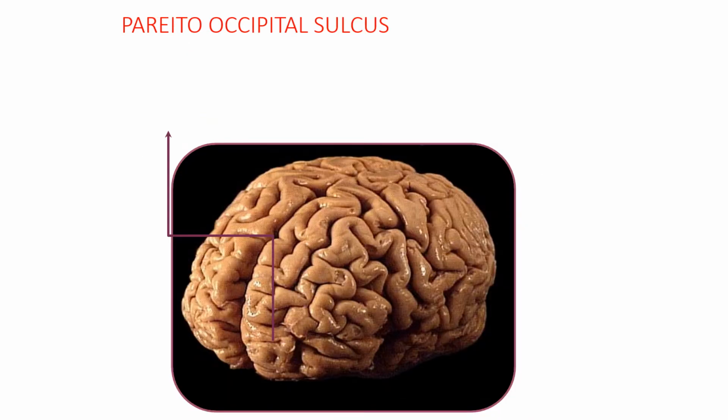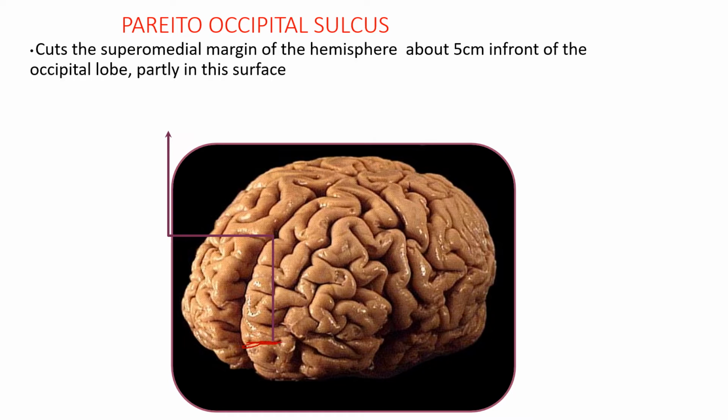So now we are seeing the third sulcus. We have completed two sulci, central sulcus and lateral sulcus, the important sulci we are seeing in the beginning. Then the next important is the parieto-occipital sulcus, this small part. This parieto-occipital sulcus cuts the superomedial margin of the cerebrum 5 centimeter in front of the occipital pole.